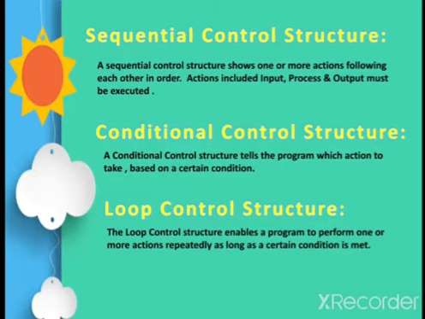That is a conditional control structure. And the loop control structure enables you to repeat your action again and again for a particular number of times or till the particular condition is true. These three are the control structures used in Python.